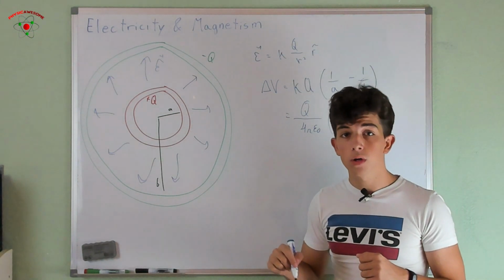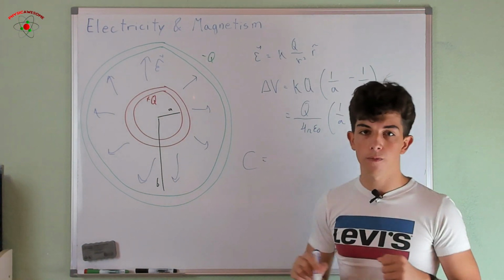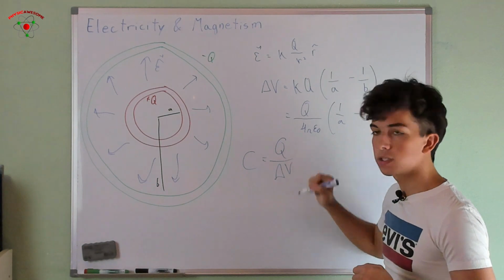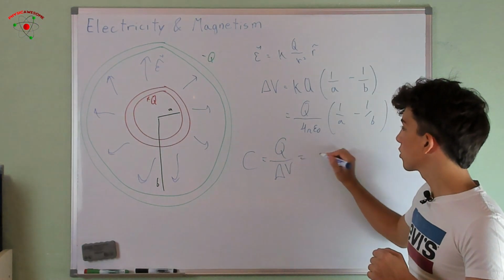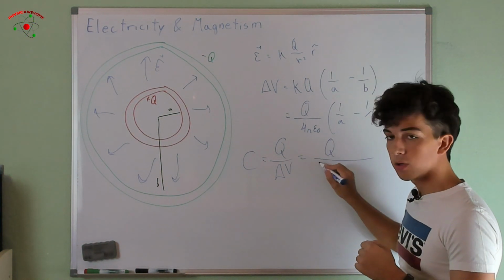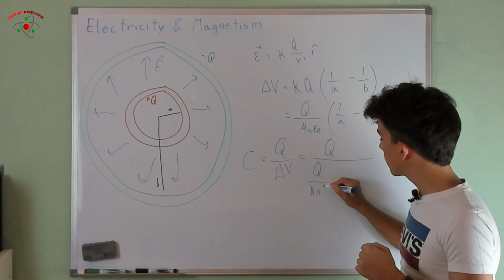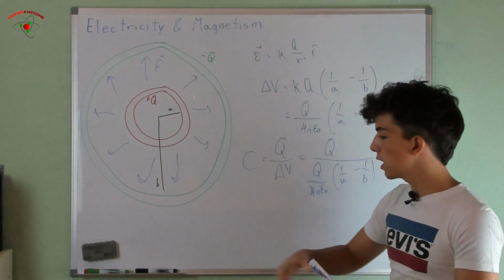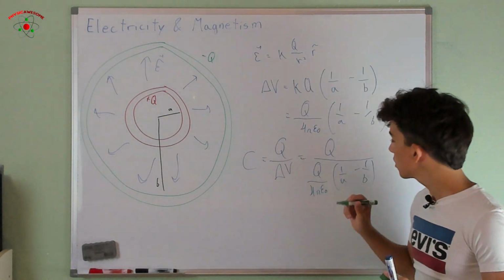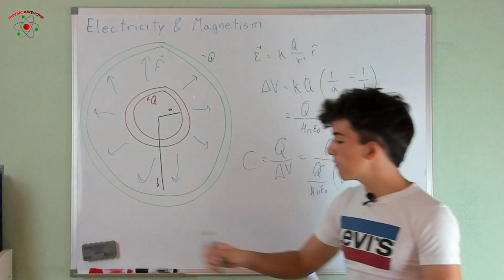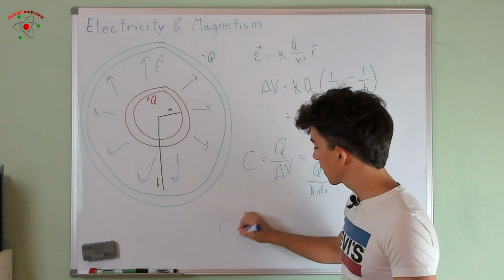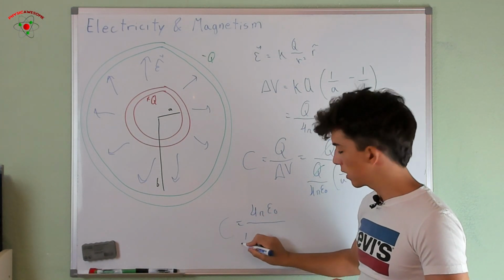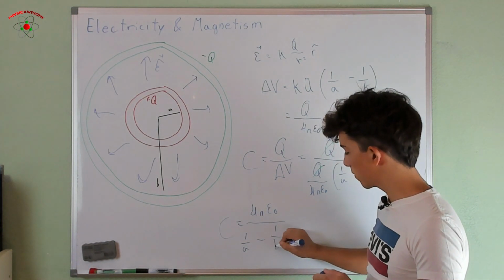Now we know that capacitance, as we found in our previous video, equals q divided by the change in potential. So we have q over 4 pi epsilon naught times 1 over a minus 1 over b. Now we can make some cancellations with the q's, and we find that the capacitance is going to be 4 pi epsilon naught divided by 1 over a minus 1 over b.